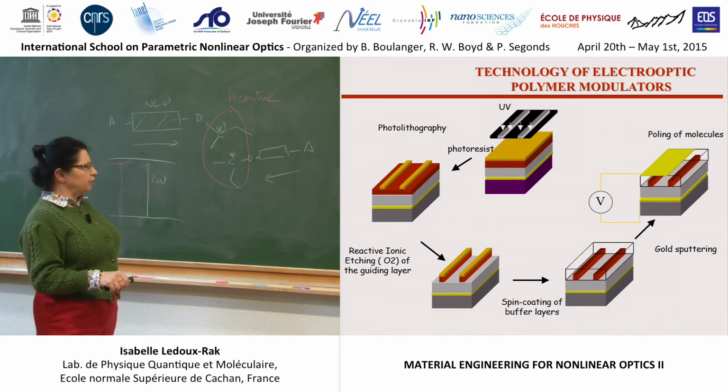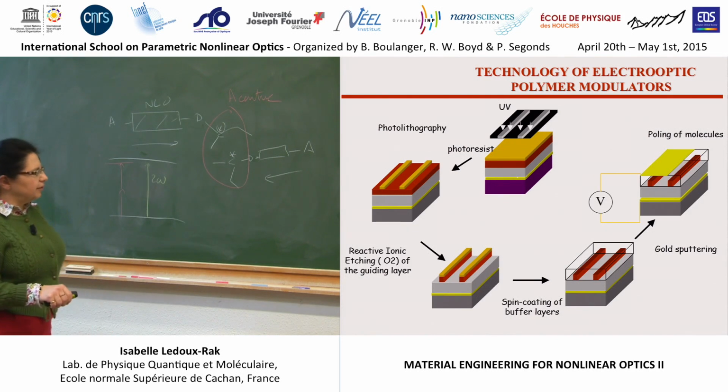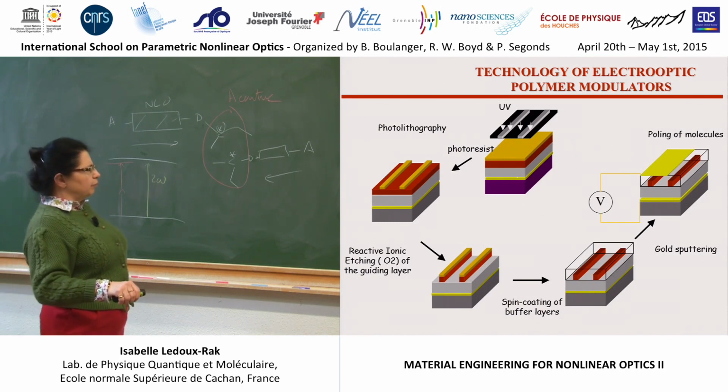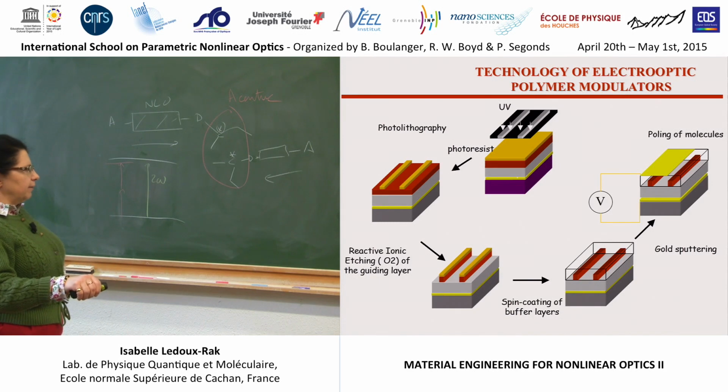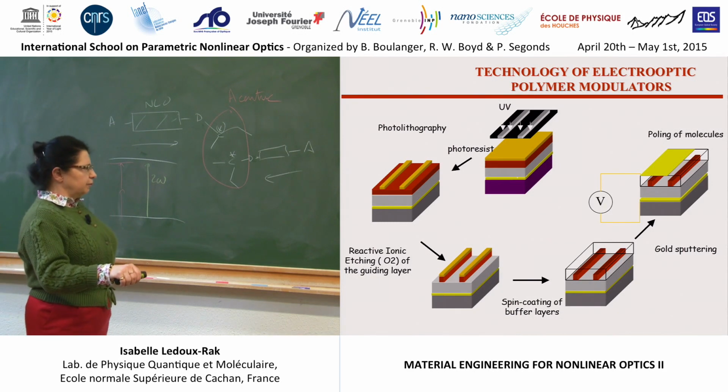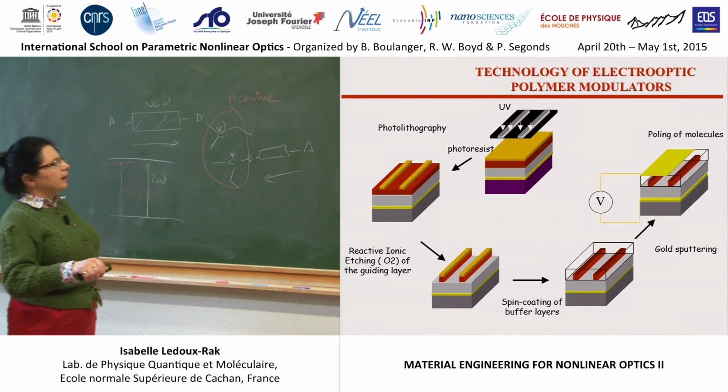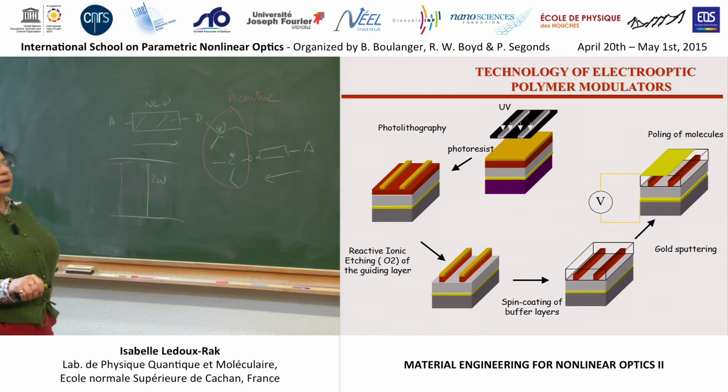This method is used because it creates structures with vertical walls, which is important for modelization of the waveguide. Then it's possible to remove the photoresist, then to put some upper layer for confinement, and deposit electrodes at the end.